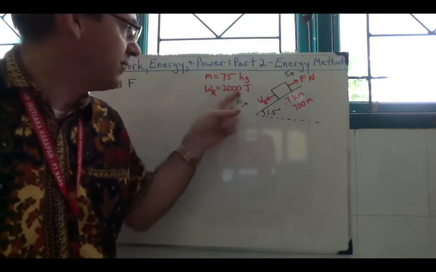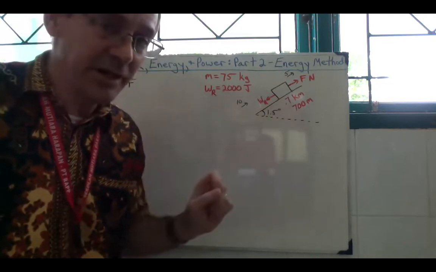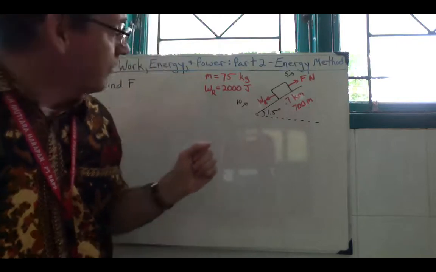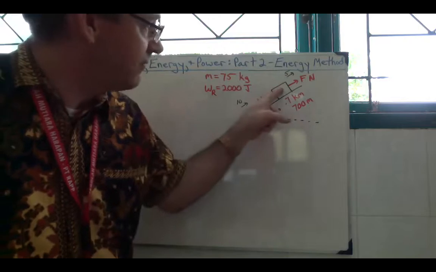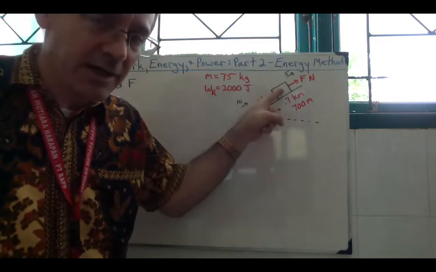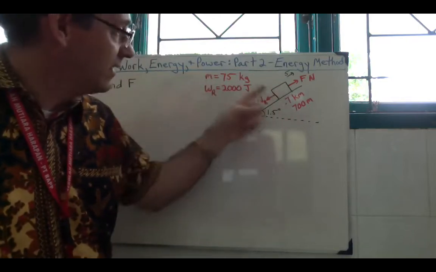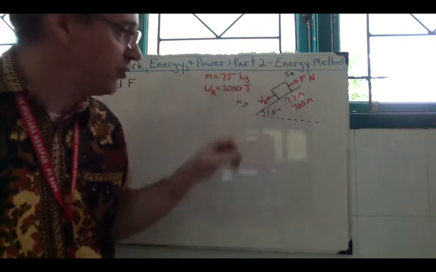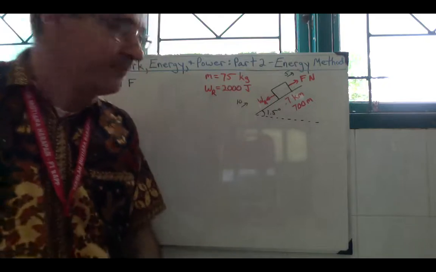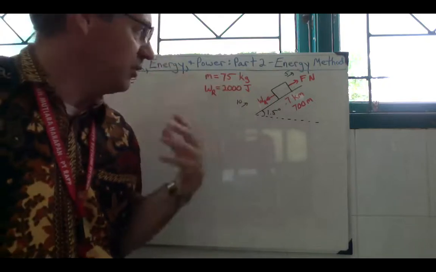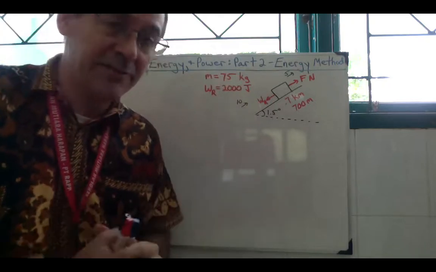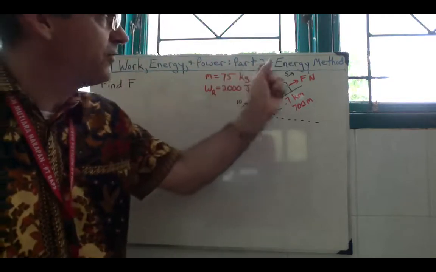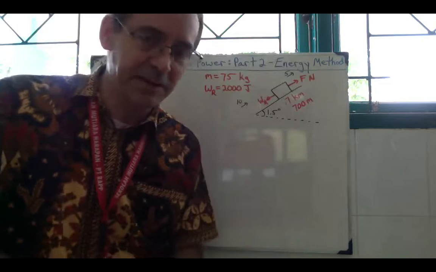So you'd have to divide this by the 700 in order to get it into a force. And you would also have to resolve the weight of this object parallel to our inclined plane. So there's a lot of different things that you would have to do, and that is a viable method that you can do. However, in this particular video, we're looking at the energy method.